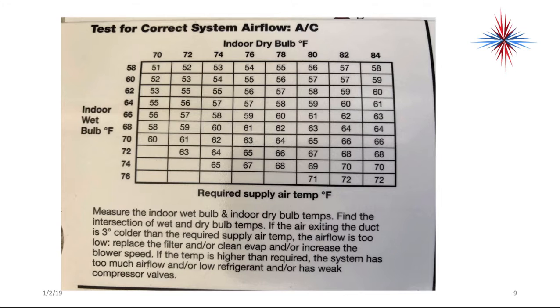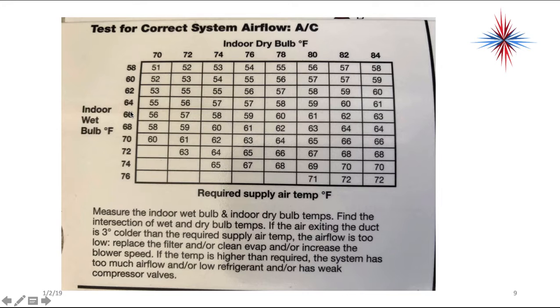Now, a few minutes ago, I mentioned a wet bulb, dry bulb temperature split chart. This is just an example of one. There's many of them out there, but they're basically the same thing. So you take your indoor dry bulb temperature, you take your indoor wet bulb temperature, and it will tell you what the required supply air temperature is.